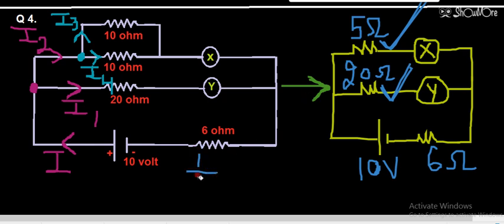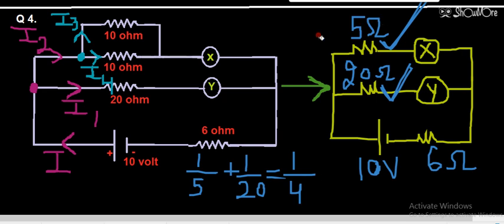So 1 by 5 plus 1 by 20. When I solve it, I will get 5 by 20, that will be equal to 1 by 4.